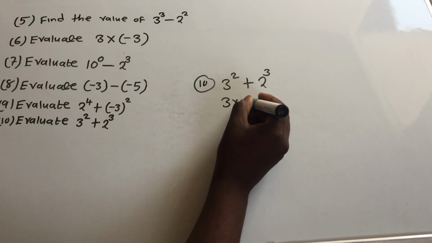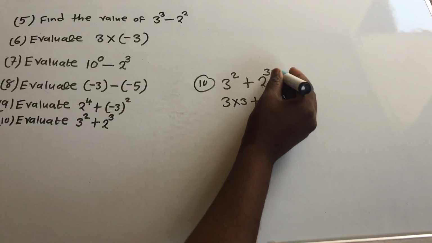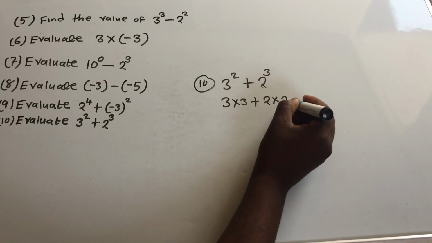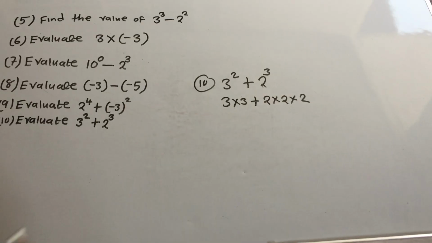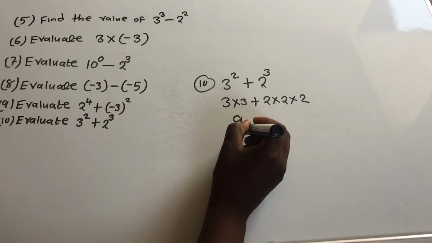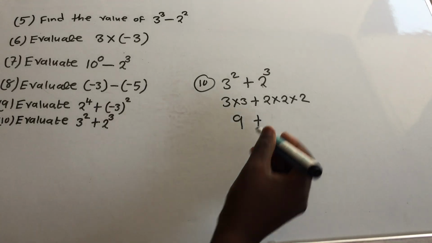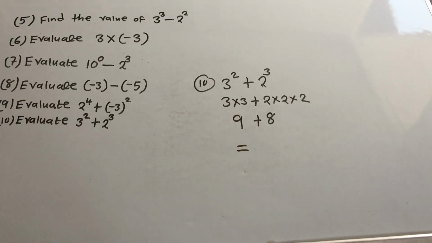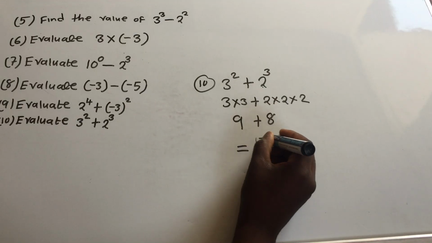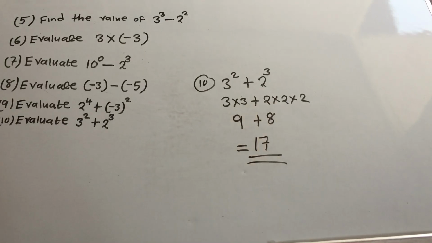So 3 times 3, plus 2 to the power 3, which means 2 times 2 times 2. 3 times 3 is 9. Plus 2 times 2 is 4, 4 times 2 is 8. So what is 9 plus 8? It's 17. You end here.